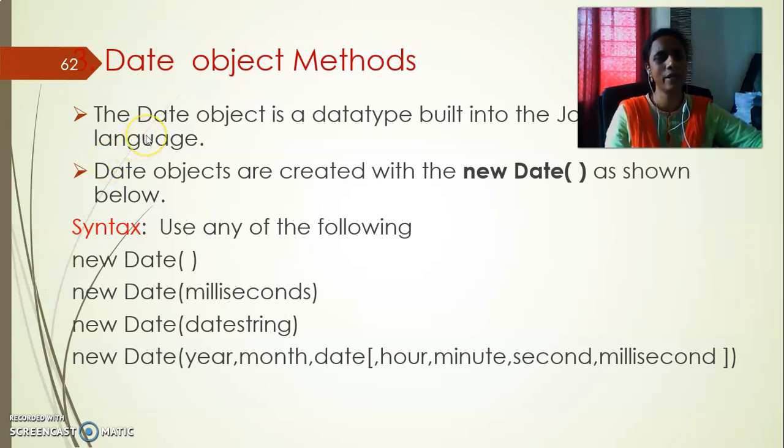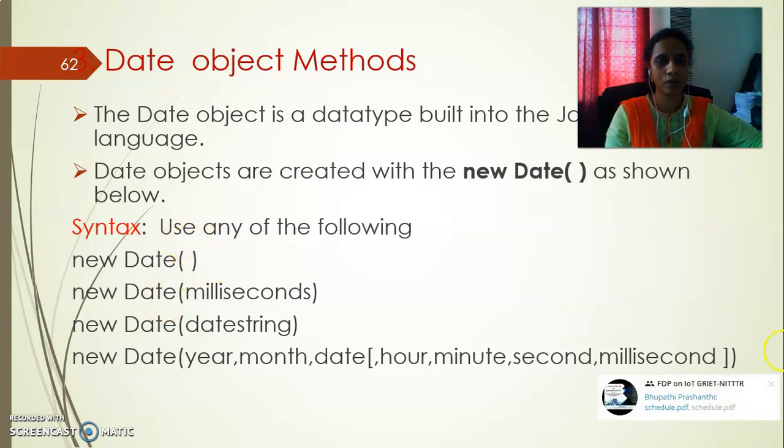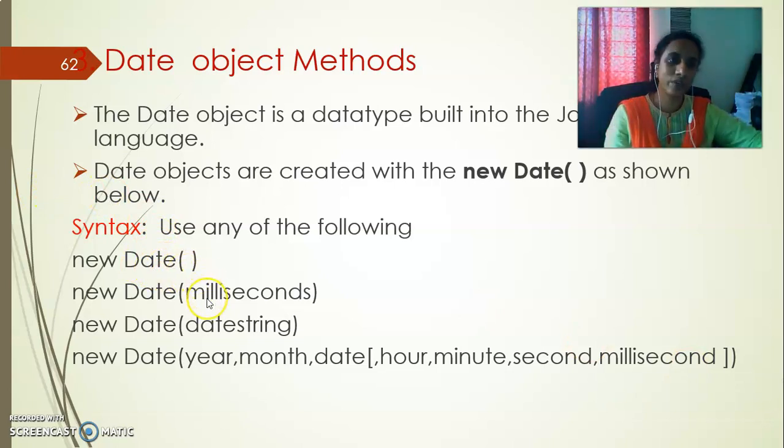Similarly, the date object is also there, and the date object also has some methods, like new Date. After you initialize the date, there are four types of constructors. As you can see, the four constructors are: you can initialize the date object with empty content, giving only milliseconds, giving only a date string, or giving year, month, date.